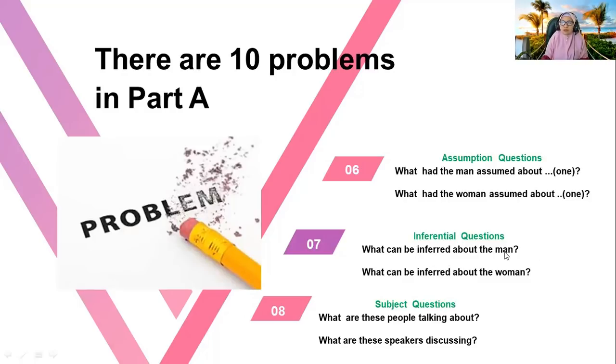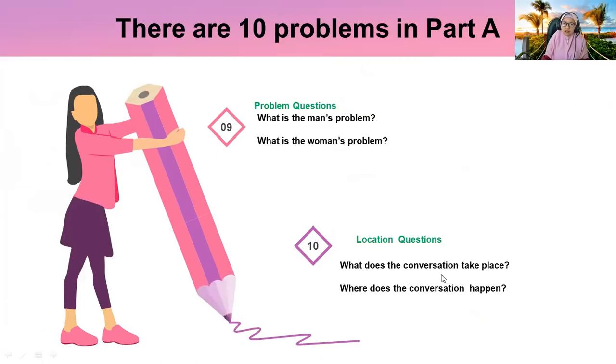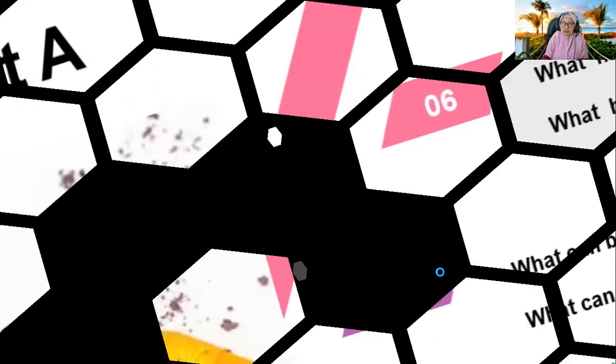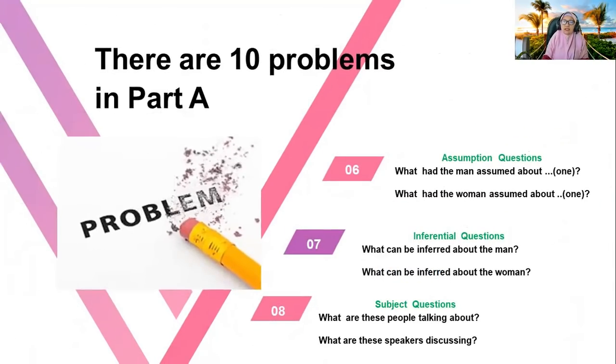So what can be inferred about the man and what can be inferred about the woman? Okay, this is menyimpulkan, ya, menyimpulkan dengan tepat. This is infer.